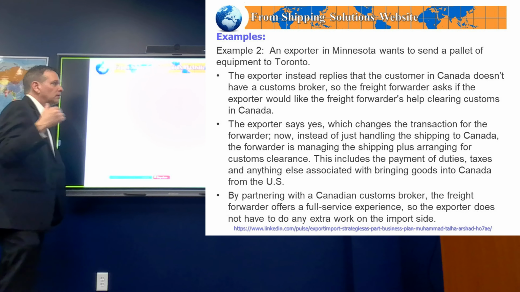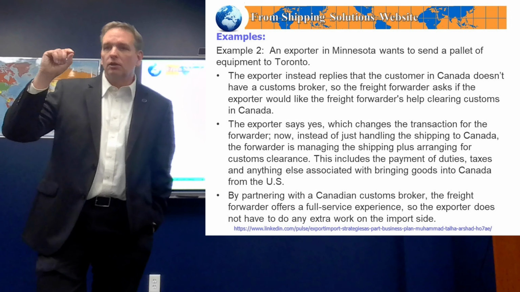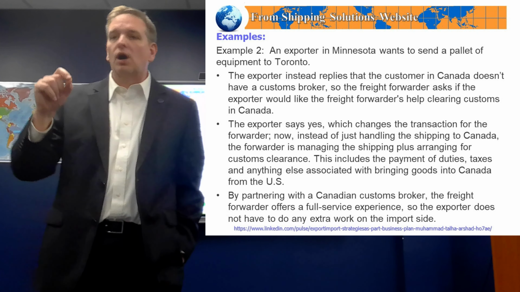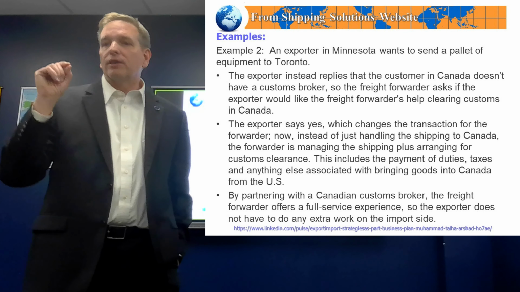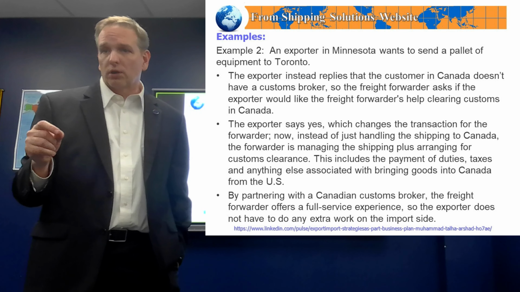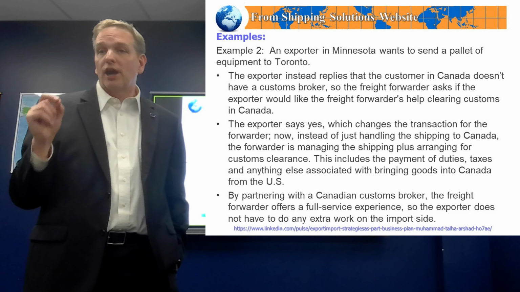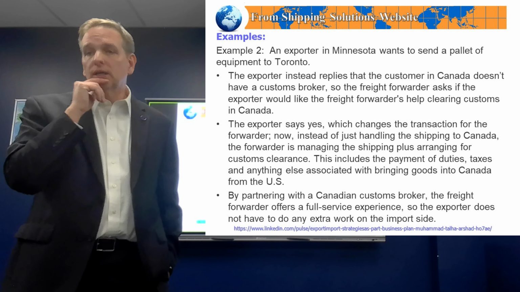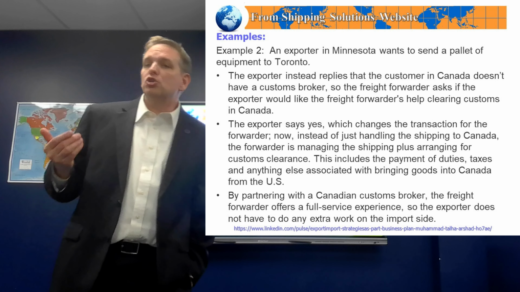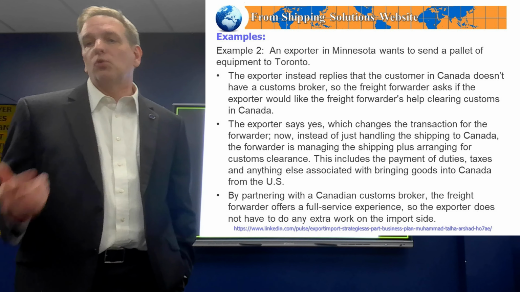Second example, same situation. You're going from Minnesota to Toronto, but in this case, the exporter says that the customer in Canada doesn't have a customs broker, so the freight forwarder asks if the exporter would like the freight forwarder's help clearing customs in Canada. The exporter says yes, which changes the transaction for the forwarder.